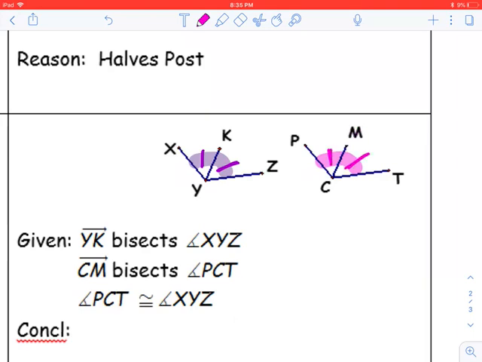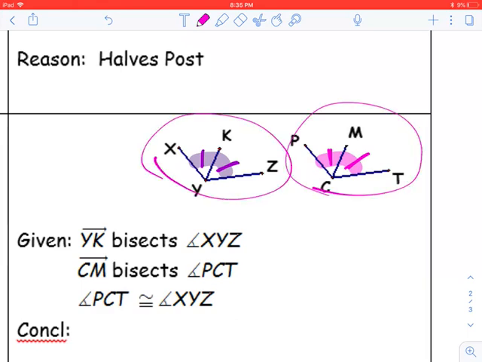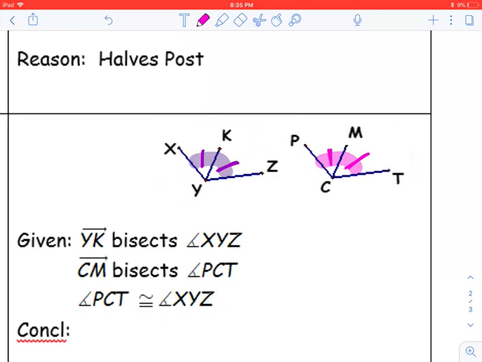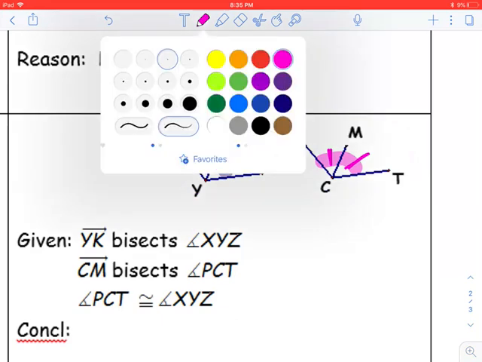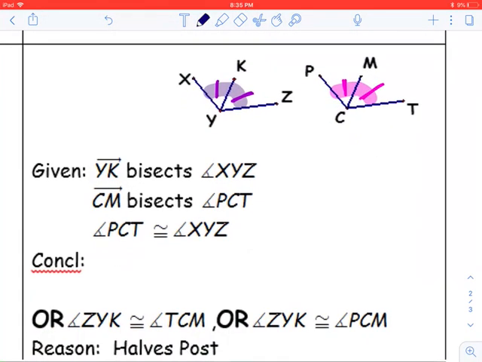Okay? So again, the fact that these two angles as a whole are both congruent makes their parts, their halves, congruent. Hence halves postulate. So what I can say here is, for instance, this top one, XYK: angle XYK is congruent to angle PCM.